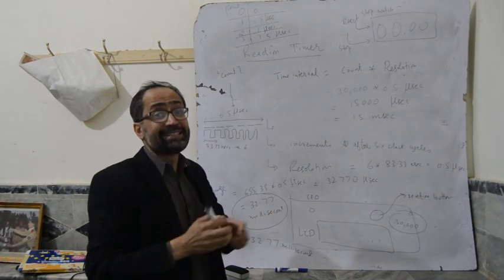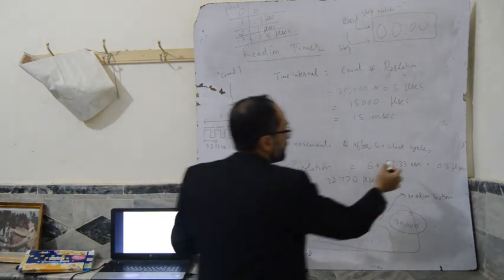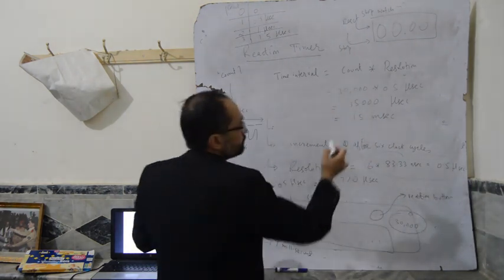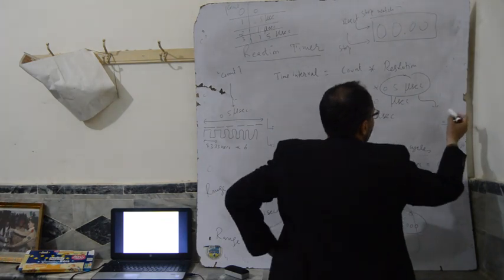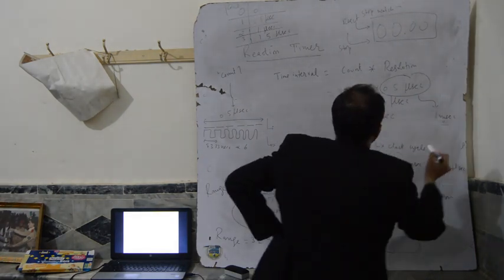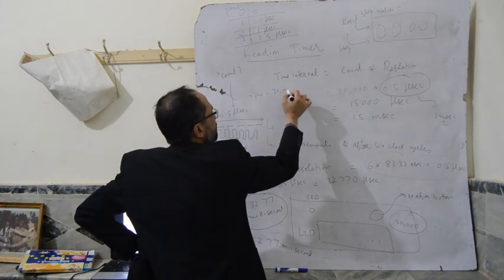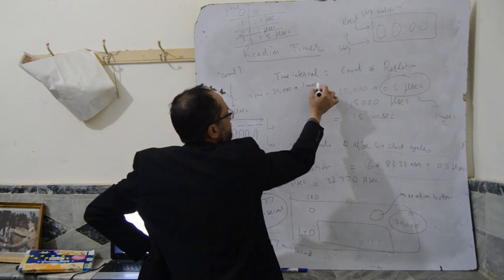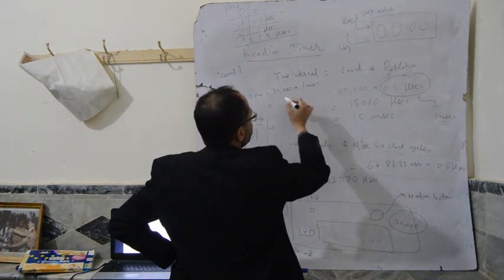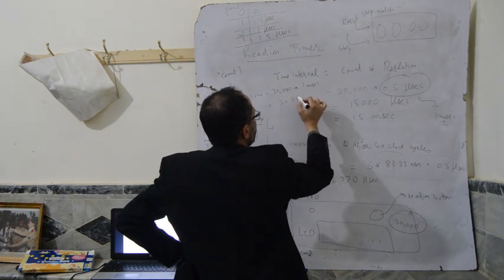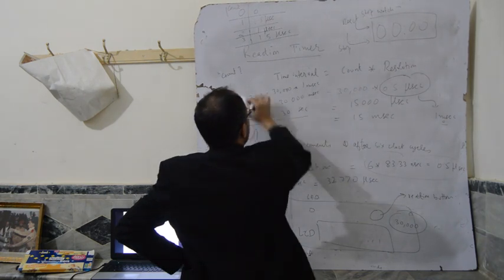So we can increase the range by increasing the resolution. If the resolution is 1 millisecond, the time will be 30,000 multiplied by 1 millisecond, which is equivalent to 30,000 milliseconds, equal to 30 seconds.